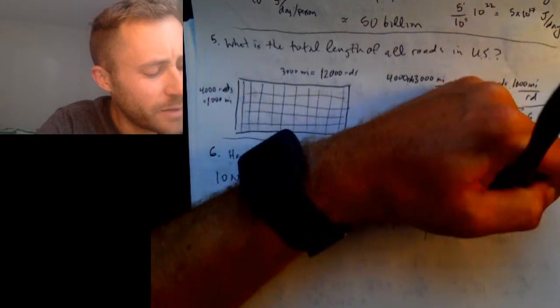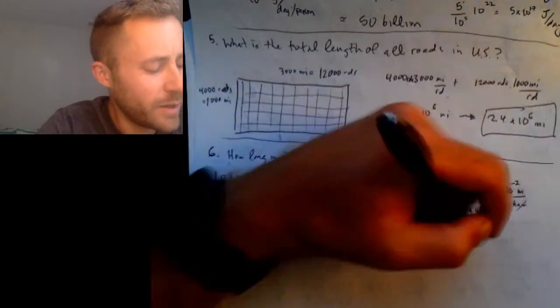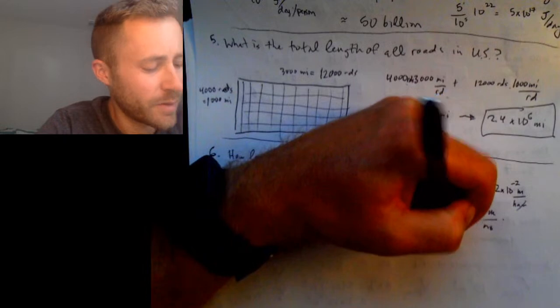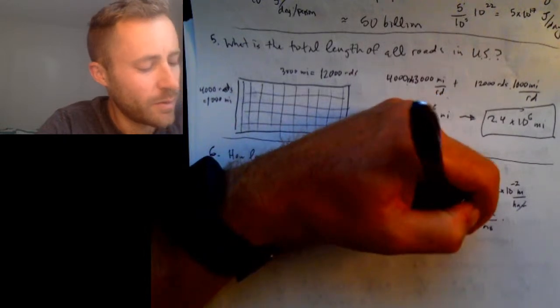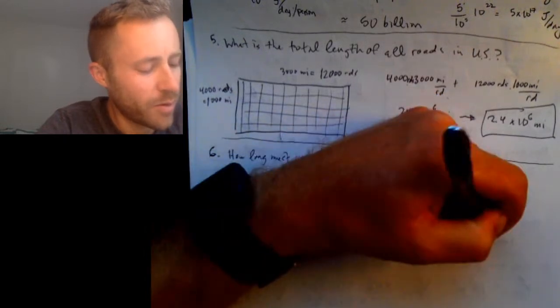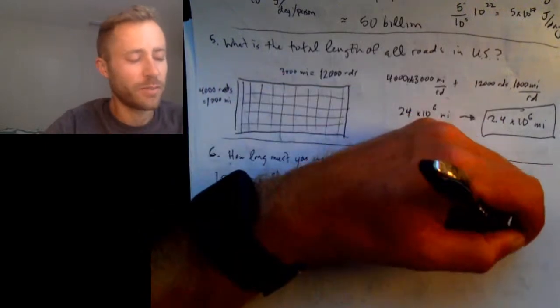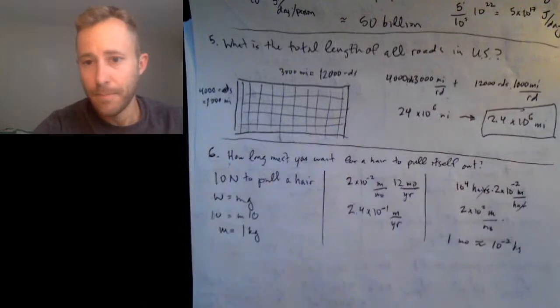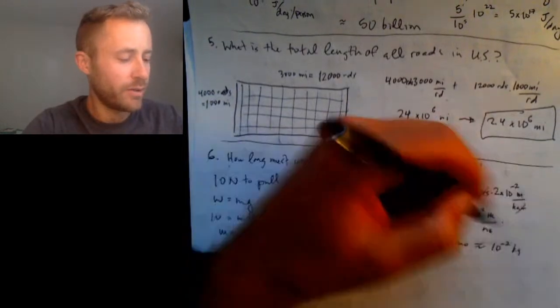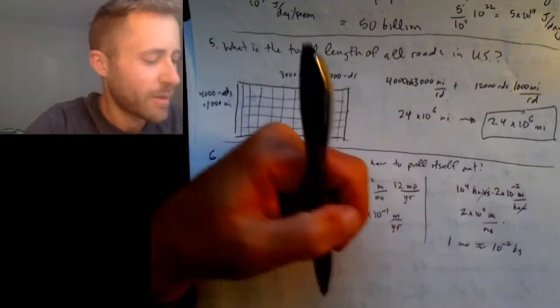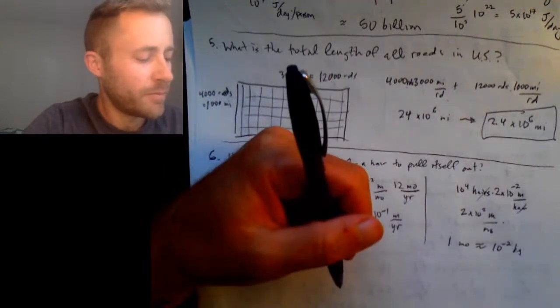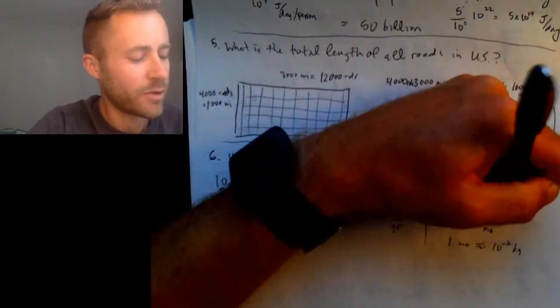So that means that in a given month, 1 month is approximately 10 to the minus 2 kilograms of hair. All right, so I can plug that into here. I'm just going to call this 100 meters per month.